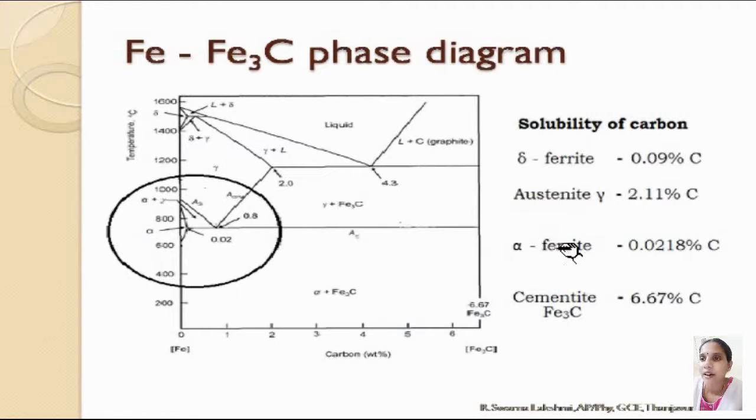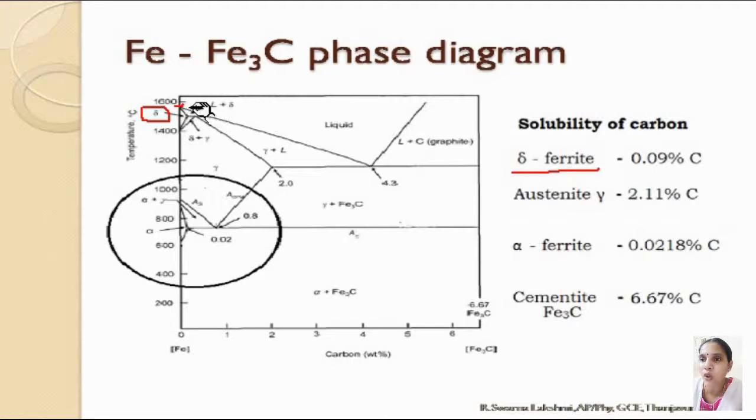This is the Fe3C phase diagram. Depending on the solubility of carbon, there are various phases like delta ferrite formed at 1535 degrees Celsius, the melting point of iron.